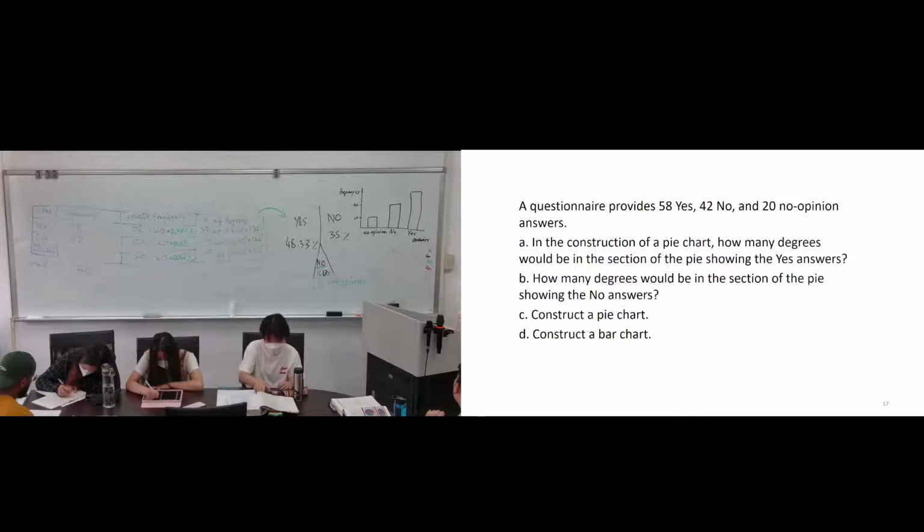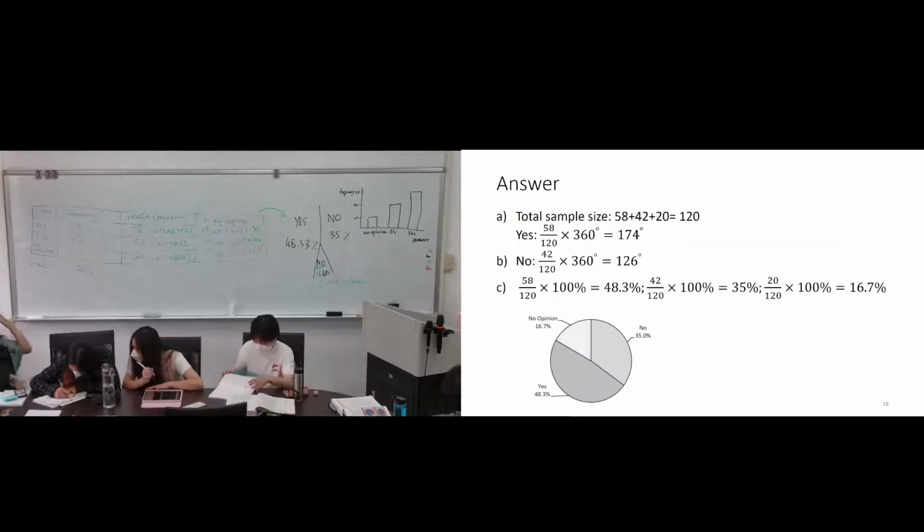Okay, so this is the first question of today's exercise. End of chapter question 3. The first question asks us to specify the degrees in a pie chart for the category of yes.